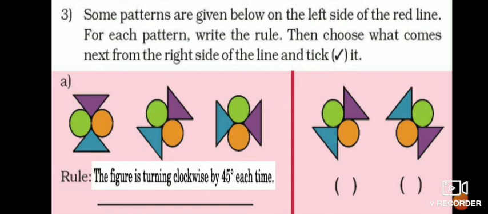So if you observe the first figure and third figure, you will come to know that it has turned 90 degree. But there is a figure in between first and third figure, that is second figure. So between 0 and 90 is 45. So the figure is turning clockwise by 45 degree each time.